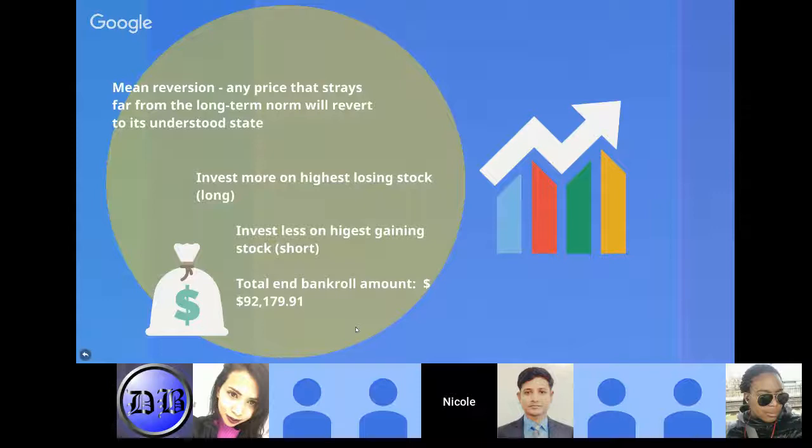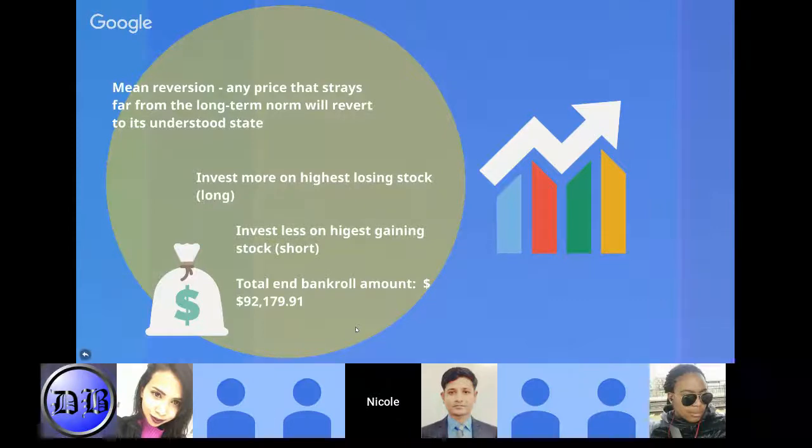The stock market normally tends to correct itself. So a stock that is trending up will eventually go down, whereas the continuation algorithm just invests in the more obvious way of like the stock is going up, so we'll invest on the highest gaining stocks. But that's not how the stock market usually works or how investors invest.